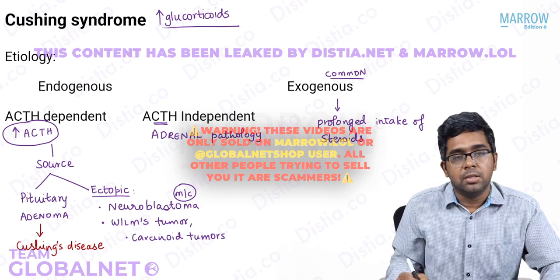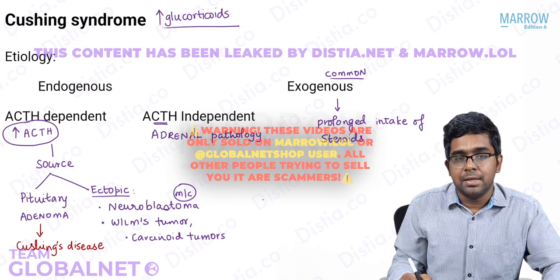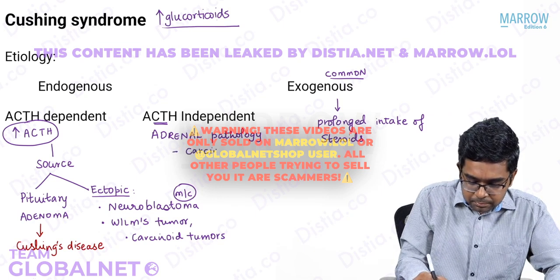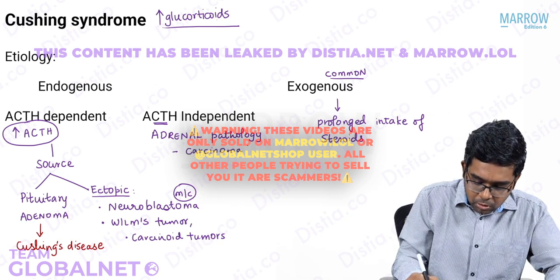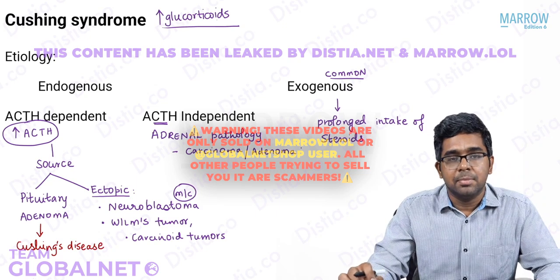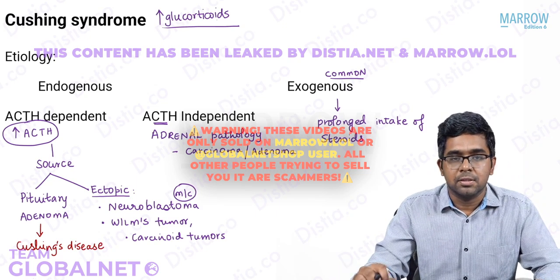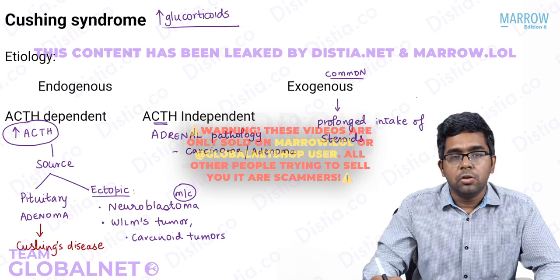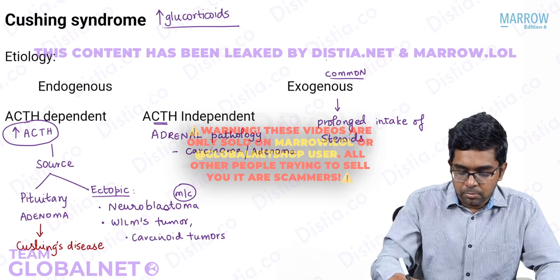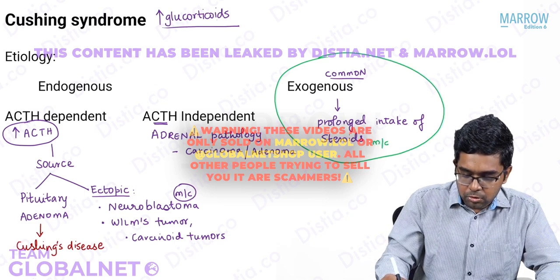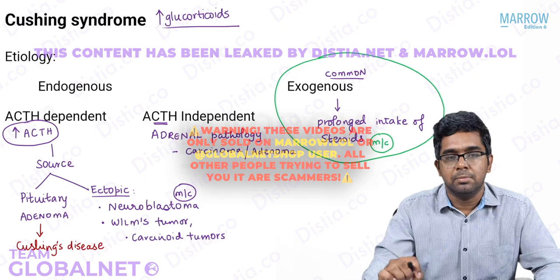The usual pathology is in the form of tumors in the adrenal gland, which includes conditions like carcinoma or adenoma. So these conditions come under ACTH independent causes. But please remember, the overall most common cause of Cushing syndrome is exogenous administration of steroid. This is the overall most common cause, which should be remembered.